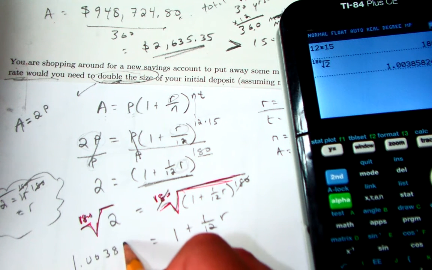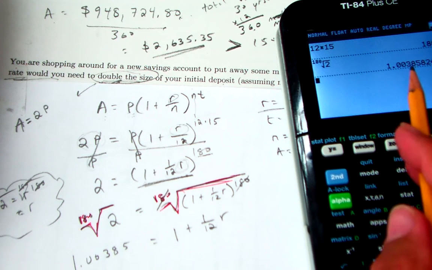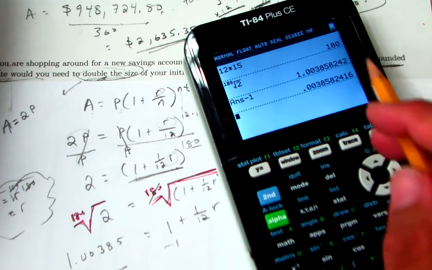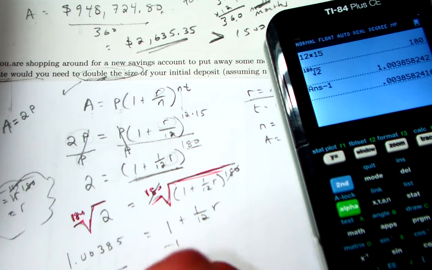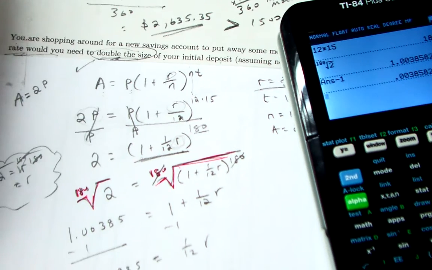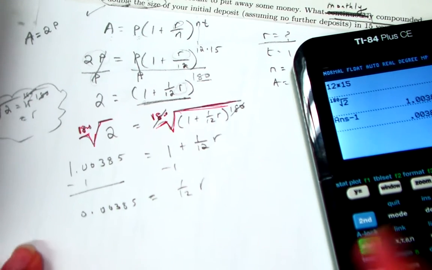is that amount there, 1.00385. I'm going to use this actual value in just a moment. I'm going to subtract 1 from both sides. Again, using the full amount there, not rounding anything. So the rounded version on paper would be this. Equals 1/12 R. Either multiply both sides by 12 or divide by 1/12.